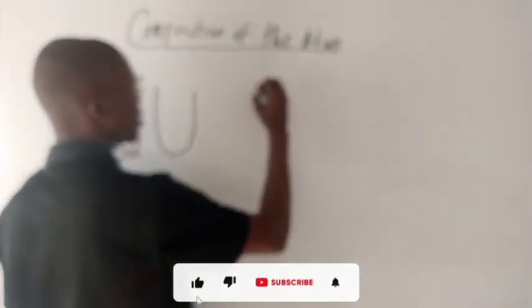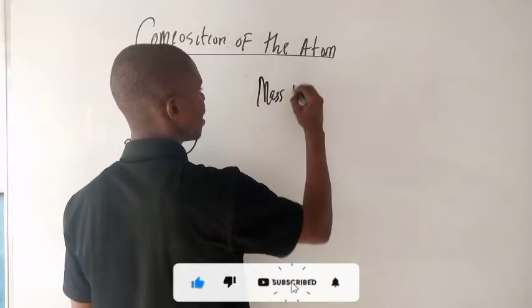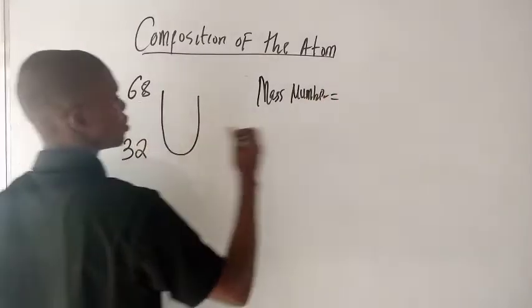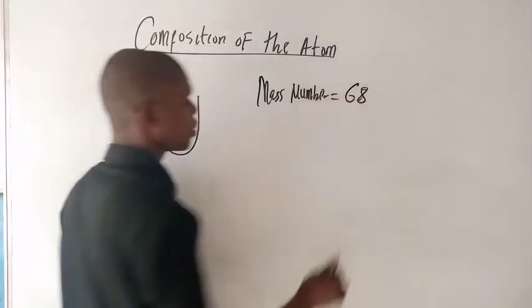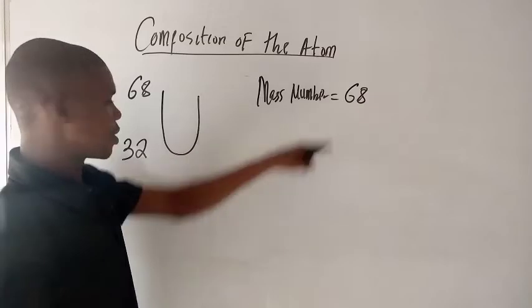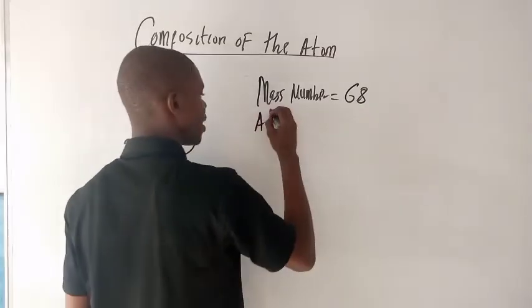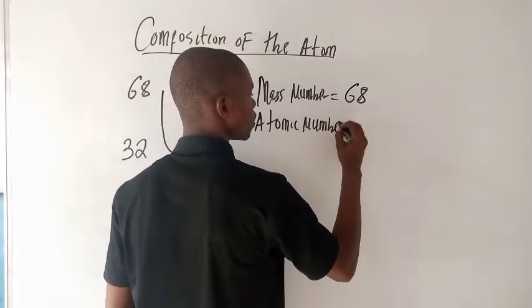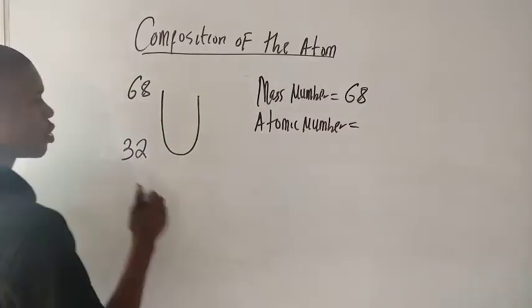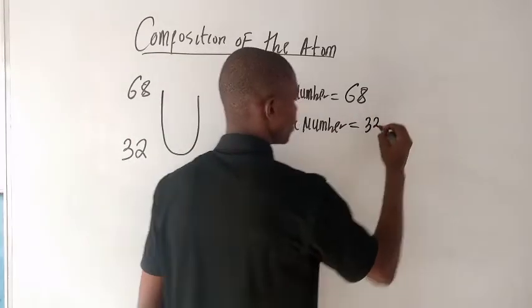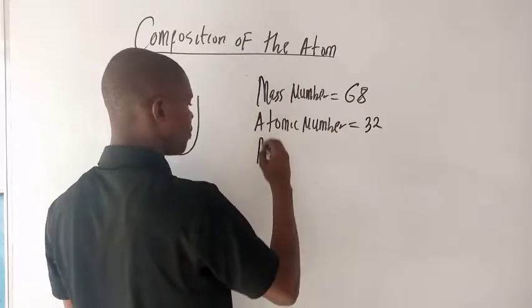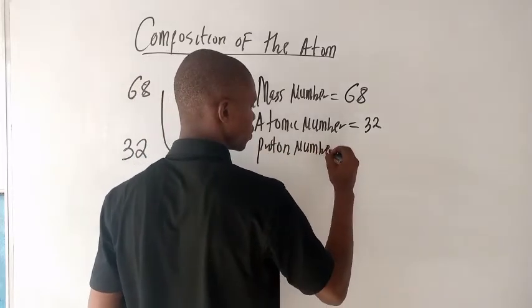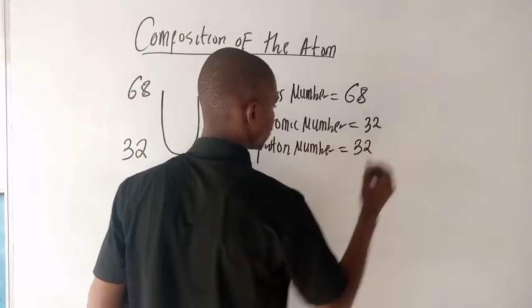So my mass number is equal to 68, also the nucleus number. Then my atomic number is 32. Remember, atomic number is just our proton number, so the proton number is 32.